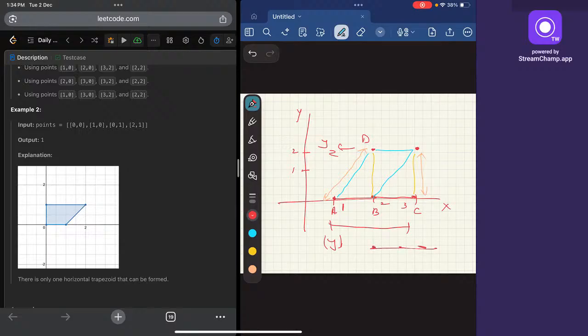Even if I have four points, they will form a straight line. So I need to target different y's. They can have different x's, and that will make at least one side parallel to the axis.